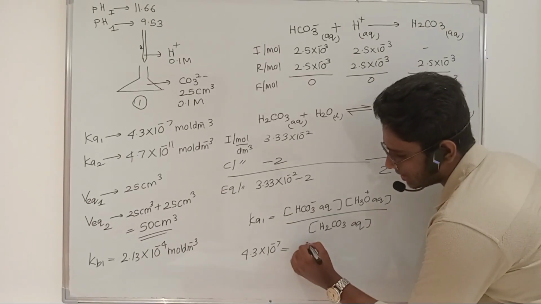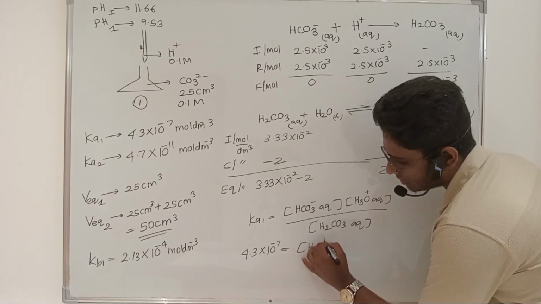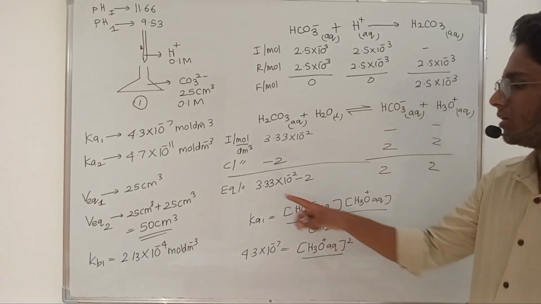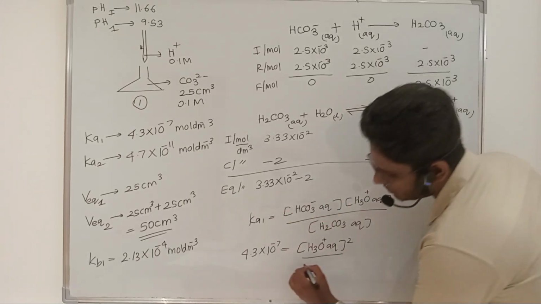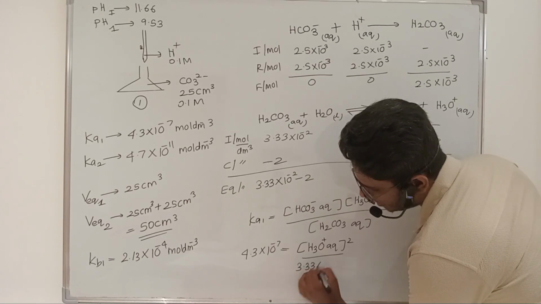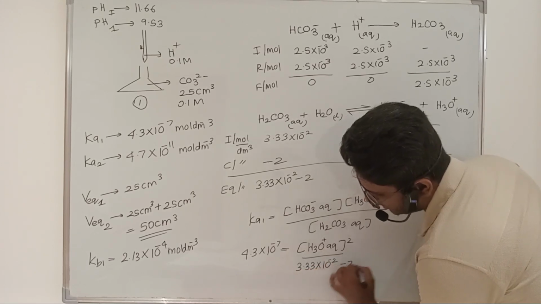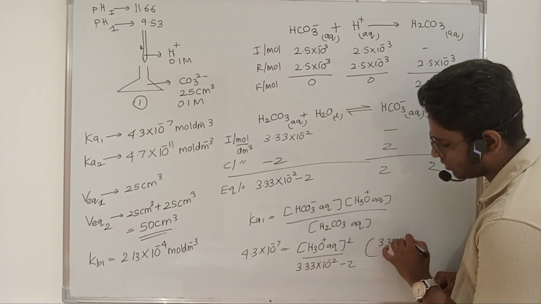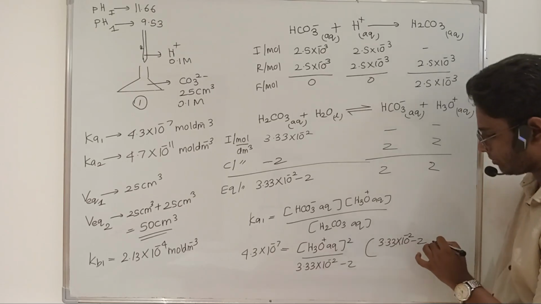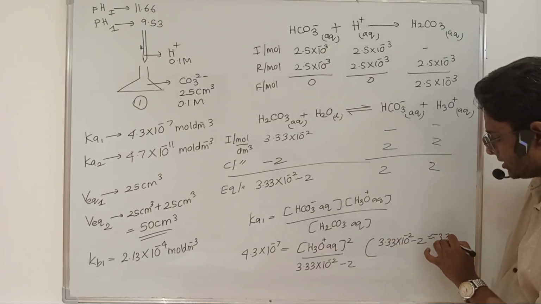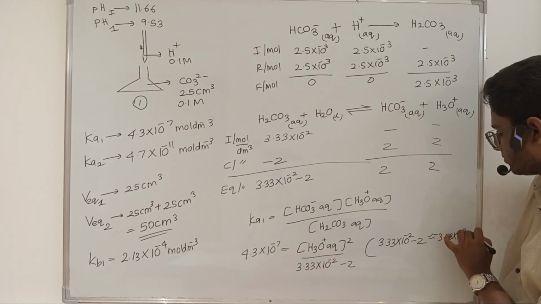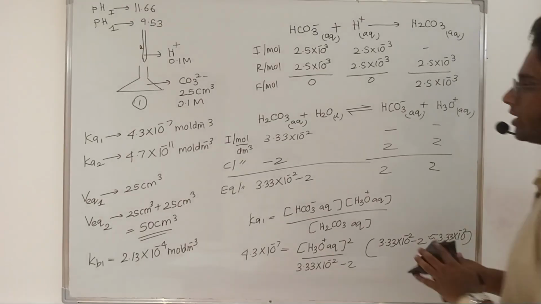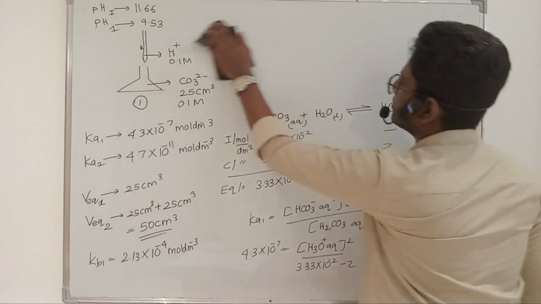So I can write this as the concentration of H3O plus squared over the concentration of weak acid, 3.33 into 10 to the power minus 2 minus Z. So I can make an assumption: 3.33 into 10 to the minus 2 minus Z is approximately equal to 3.33 into 10 to the power minus 2. That is an approximate assumption that I'm making, so I'll erase this.